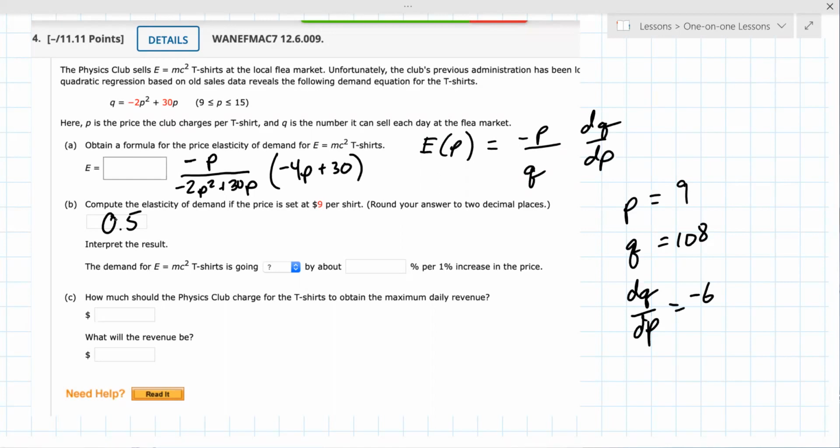Wait, how did you get 9 for P? It's given. They have to give you that value. You can't go anywhere without it. And then Q, you just plugged in 9 and you got 108. And then dq dp is -6.